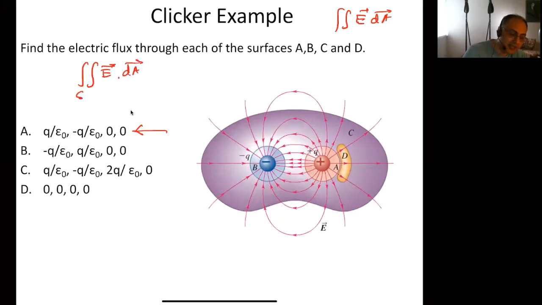because we know that the flux over a certain Gaussian surface, which just means any closed surface, is equal to the charge enclosed by the surface divided by epsilon 0, right? Okay, and so it's a lot easier to just find the charge enclosed by the surface. So let's start with surface A. What charge is enclosed by surface A?